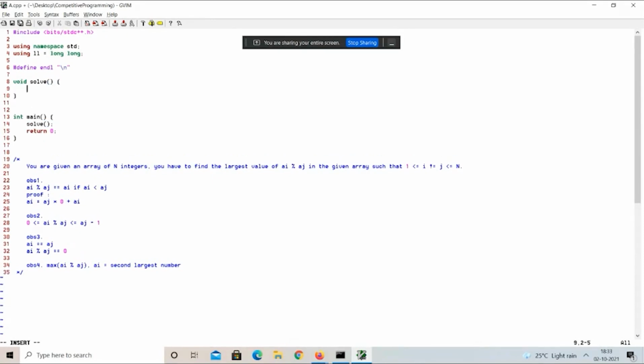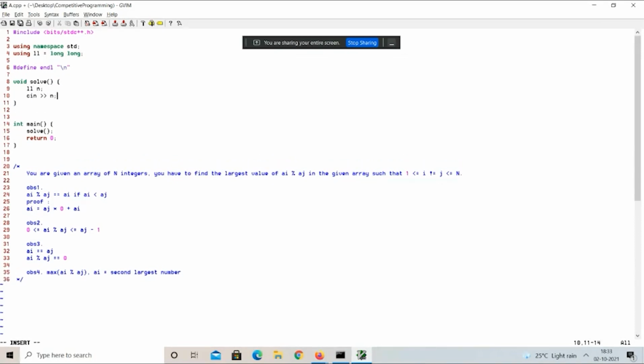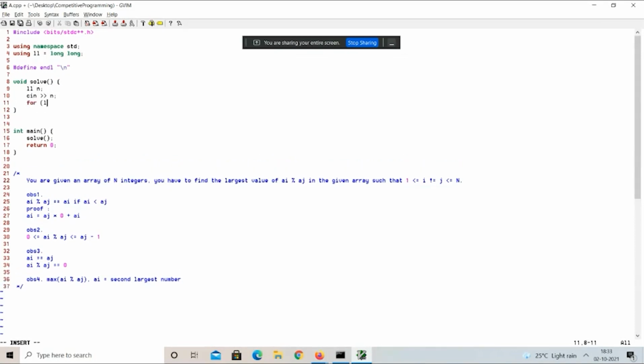Suppose you have to find the factorial of a number n. For n equal to 100, the factorial will be more than 10 raised to 18.